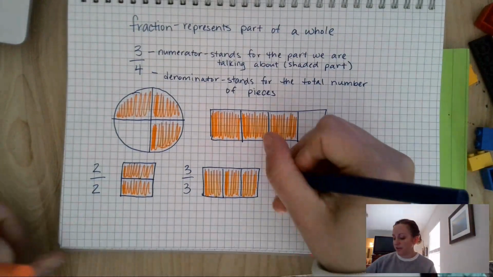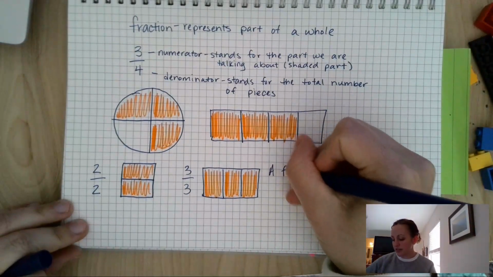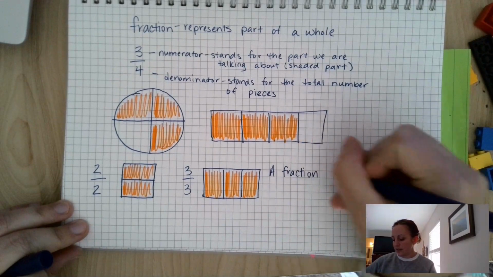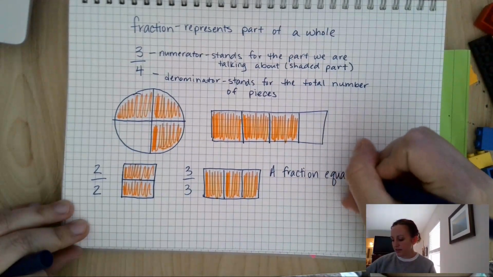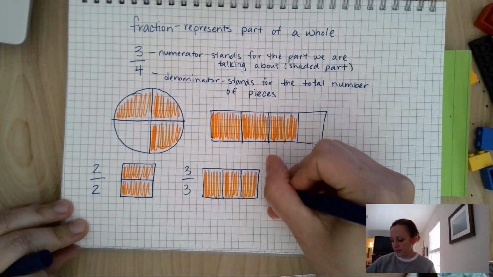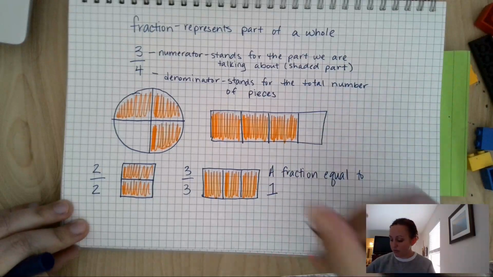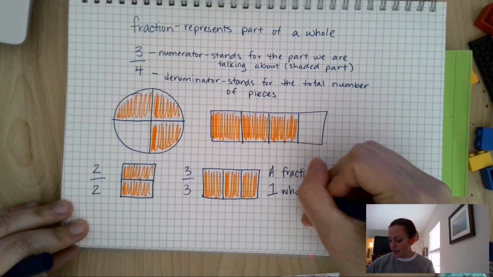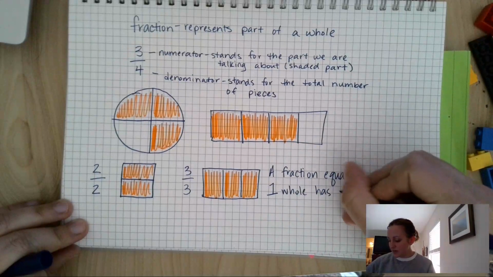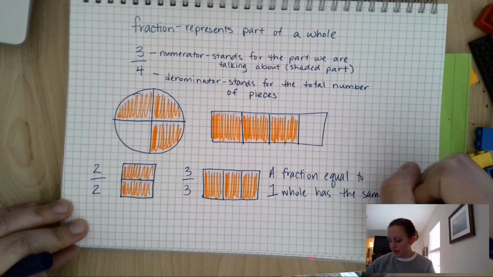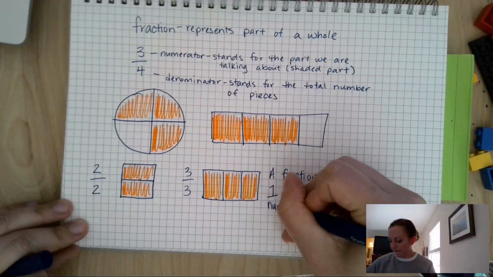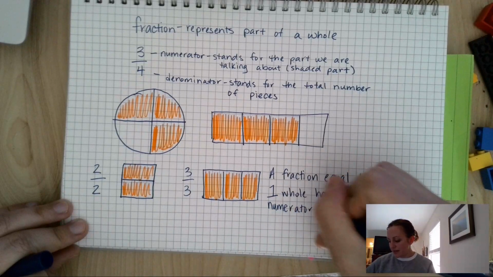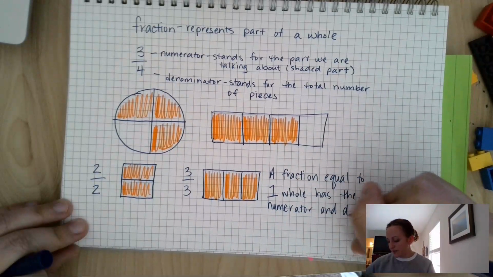So a fraction equal to 1 means it's equal to one whole. I'm actually going to write that. Has the same numerator and denominator.